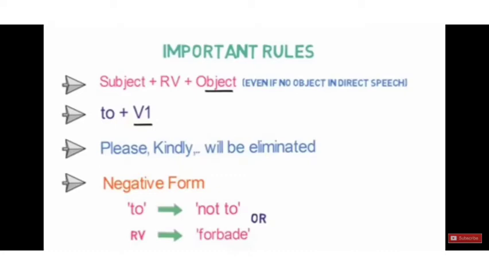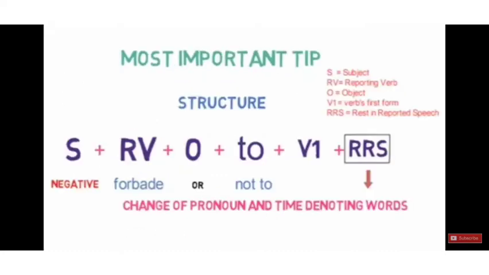Forbade means not to. The most important tip for you, students, listen: most of the time the structure of the indirect speech will be like this. Subject plus reporting verb plus object plus to plus main verb plus the remaining part in the reported speech.